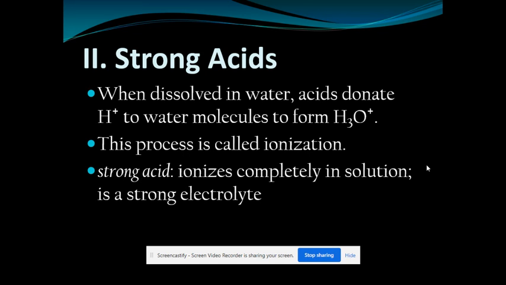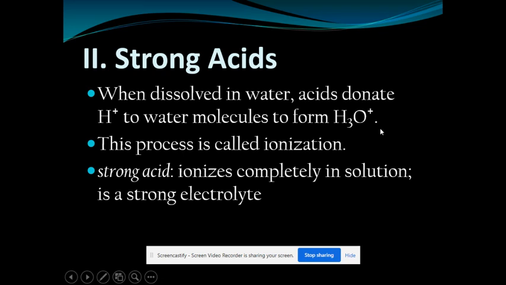So a strong acid ionizes completely in solution. Here's what that means. A strong acid, it says completely, and the word completely to us means 100%, and it's not 100%. It's like 99.9%. But a strong acid is one that will 99.9% give all of its hydrogen to water to make a ton of hydronium.